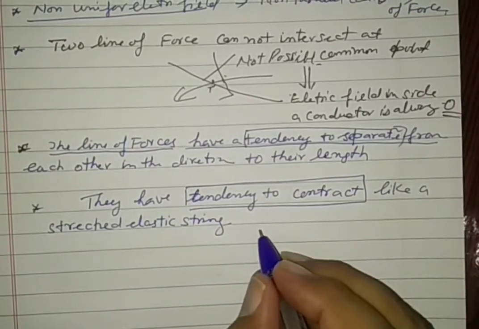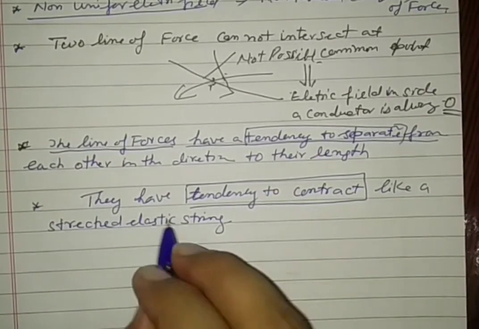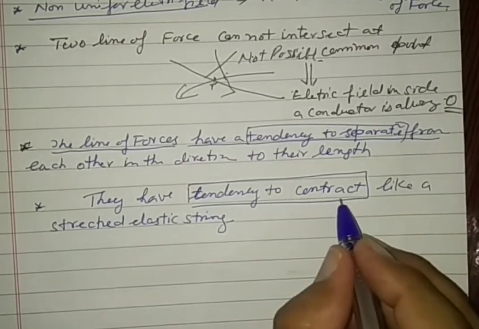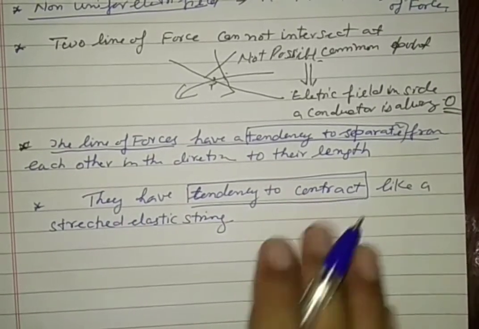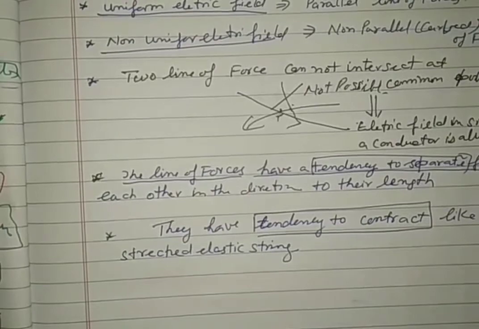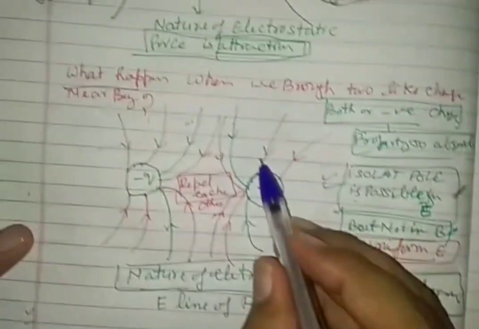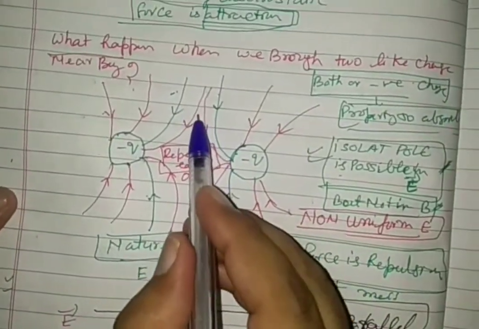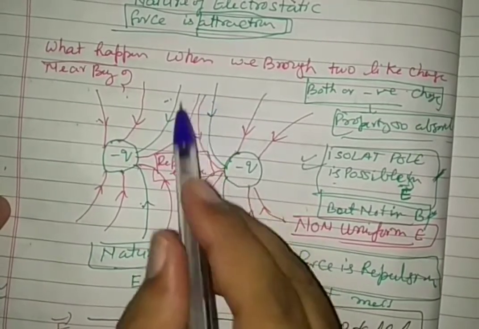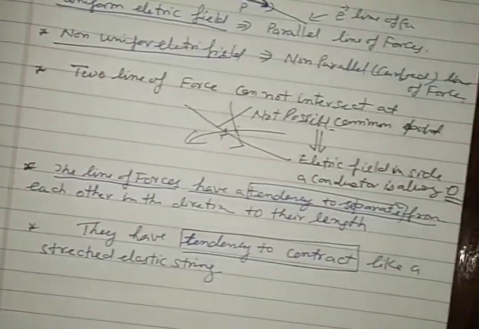So they have a tendency to contract also, and contraction is given here in the diagram. See carefully, when we rotate here in this diagram, when I show my pen position, it has a tendency to contract also.